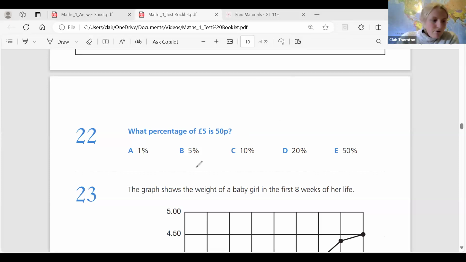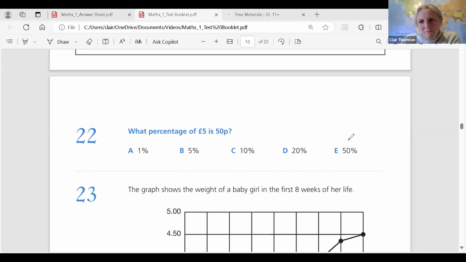So this is what I want you to do, how I want you to approach a question if you're not sure. I've got to question 22. What percentage of £5 is 50 pence? Okay. I can't really remember percentages, and I certainly don't know how to do this one because actually it's kind of asking me for the percentage and not asking me to work out a percentage. So that's sometimes a bit tricky to do. So I'm going to look at it and I'm going to think, right, okay, well, what percentage of £5 is 50 pence?